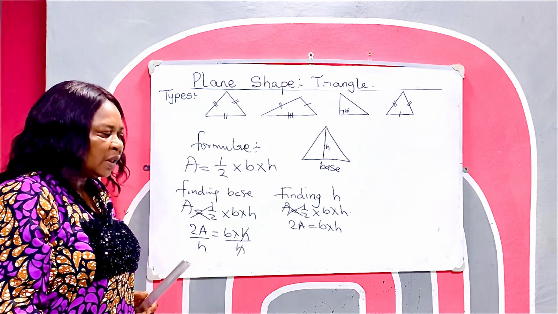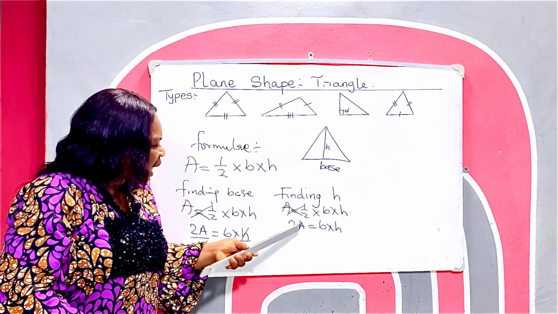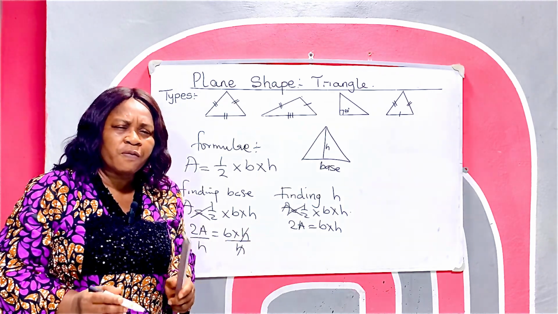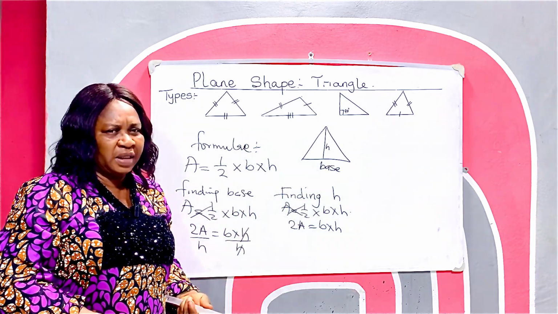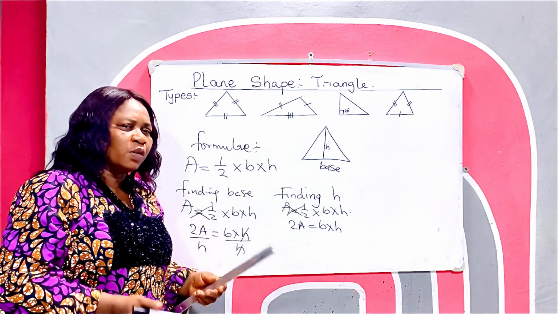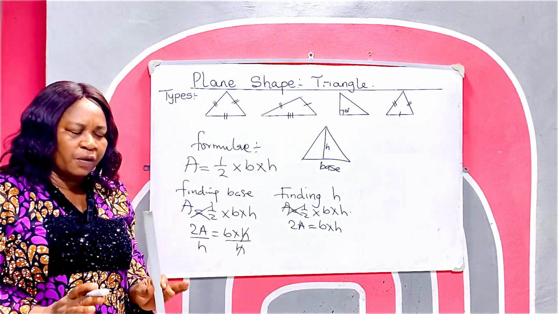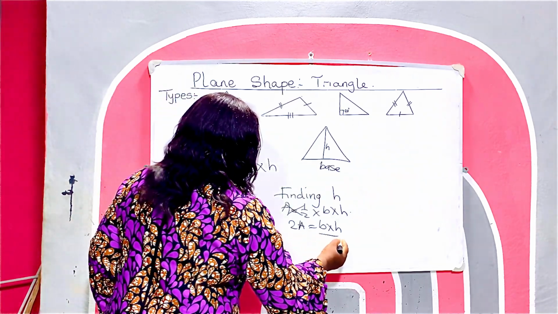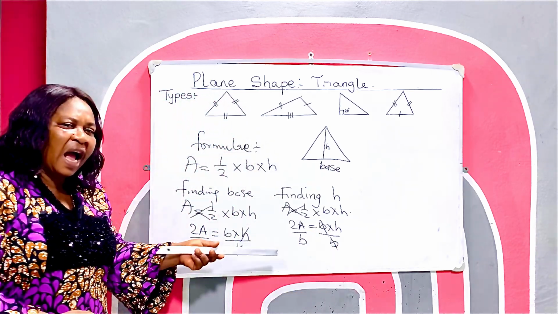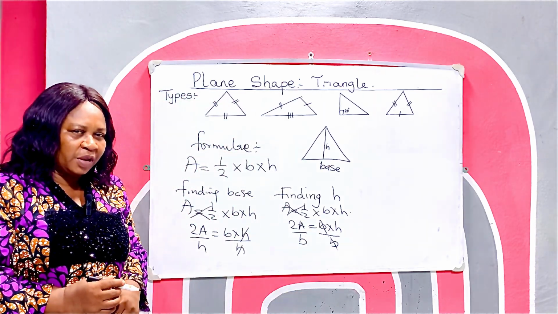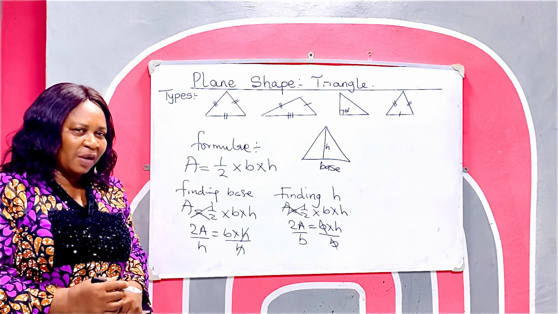Then I divide both sides by the one I am not looking for. I'm looking for height and not base, so I divide both sides by base. Base cancels base, and height is now the subject of the formula.